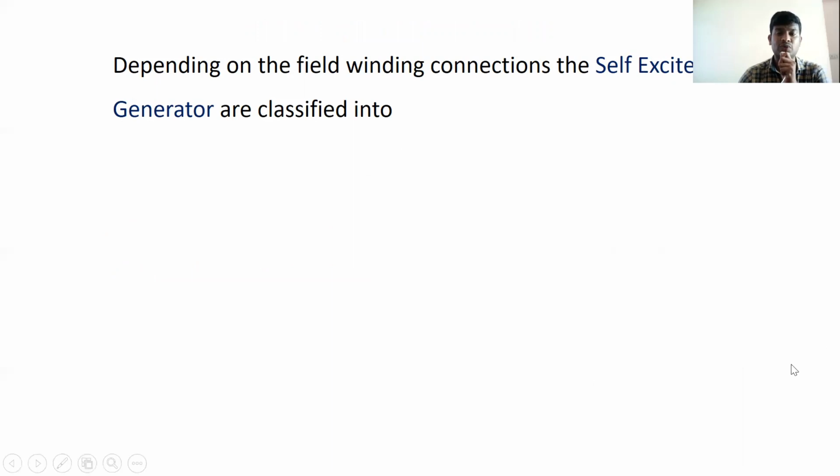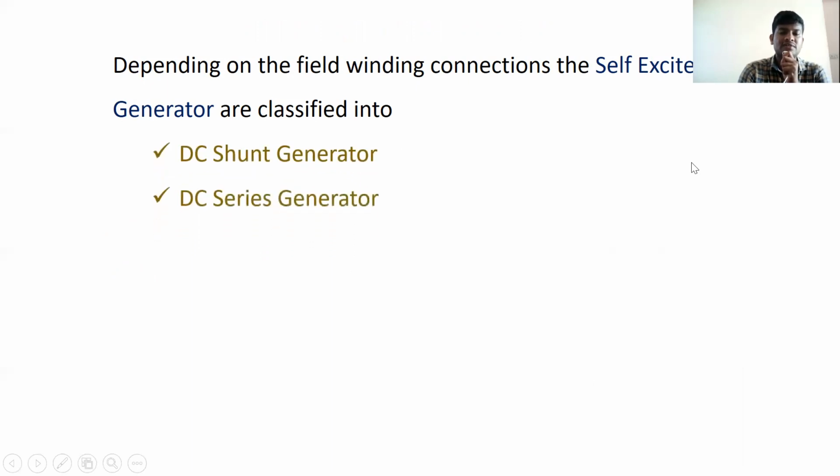DC shunt generators, DC series generators and DC compound generators. That is based on the armature winding to field connection. So the self-excited DC generators are classified into DC shunt, DC series and DC compound generators.